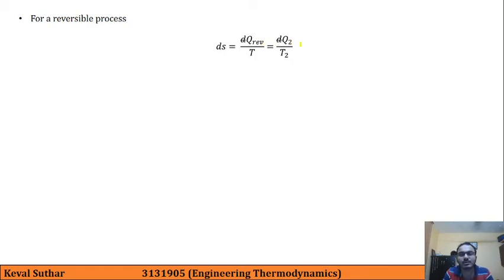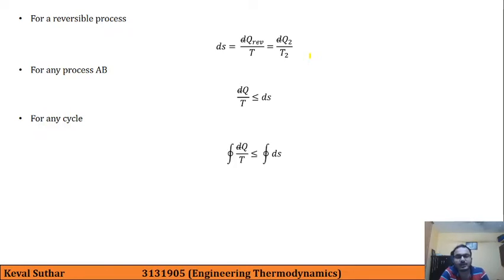Then we can write δQ2 upon T2, and for any process AB it will be like this. And for any cycle we can write this formula, that the cyclic integral of δQ upon T is less than or equal to the cyclic integral of dS.